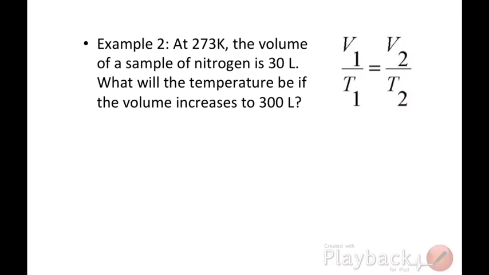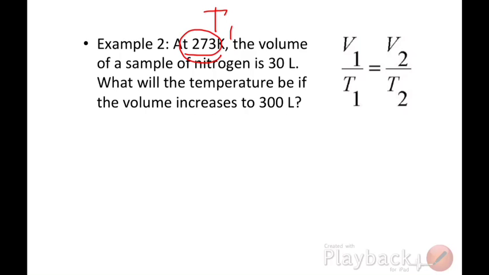Here's our second example. This says at 273 Kelvin, the volume of a sample of nitrogen is 30 liters. What will the temperature be if the volume increases to 300 liters? Okay, so we want to pull our information out of this. At 273 K, the K stands for Kelvin, so this is temperature 1.